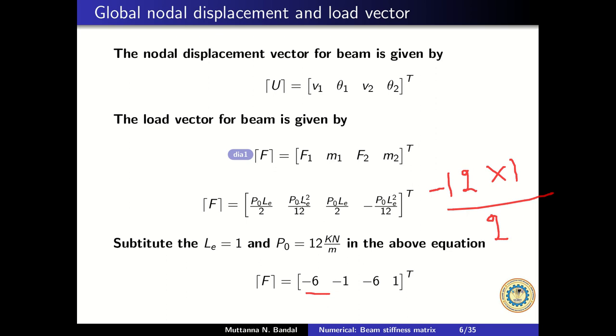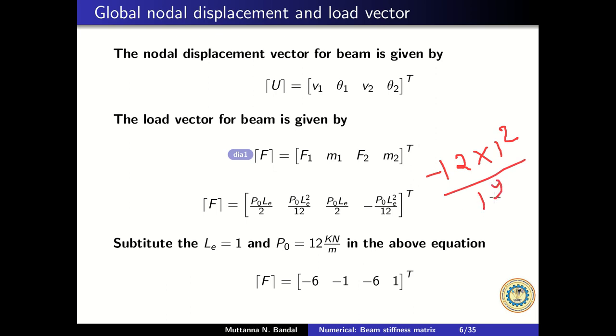Similarly, the moment at node 1 is given by 12, acting downward, into L square, 1 square, divided by 12. So that is equal to minus 1.